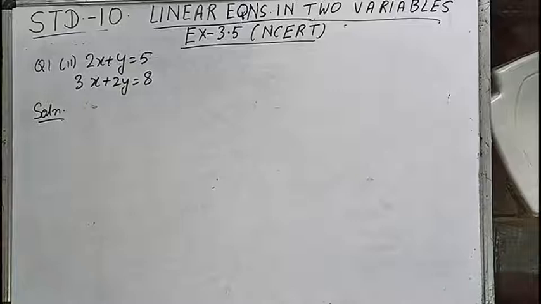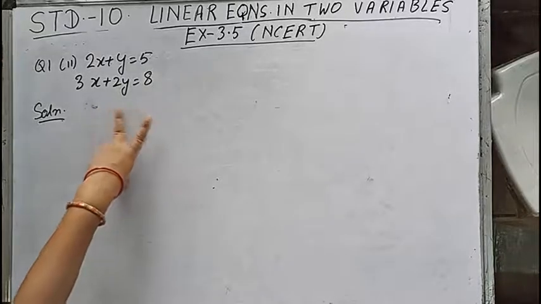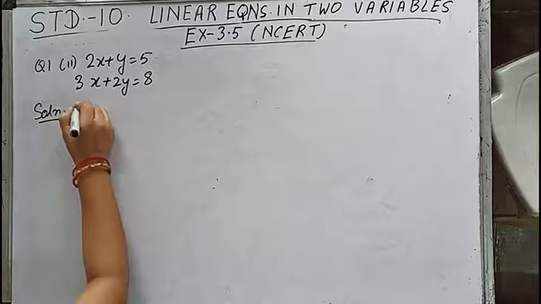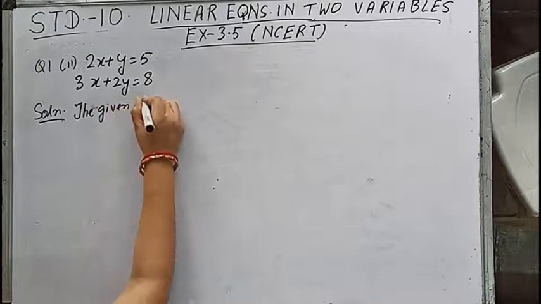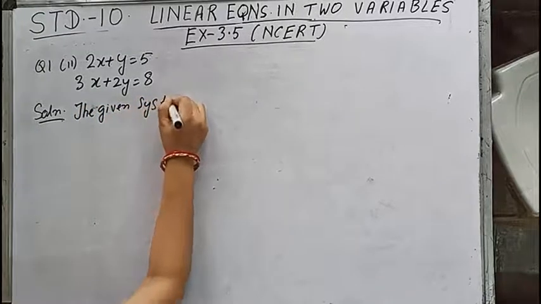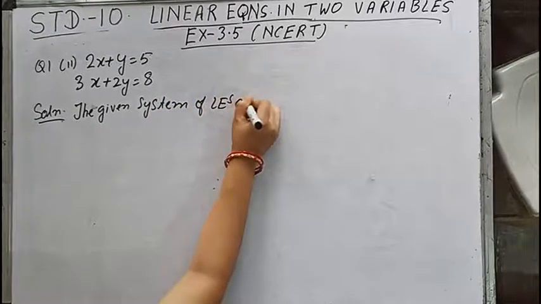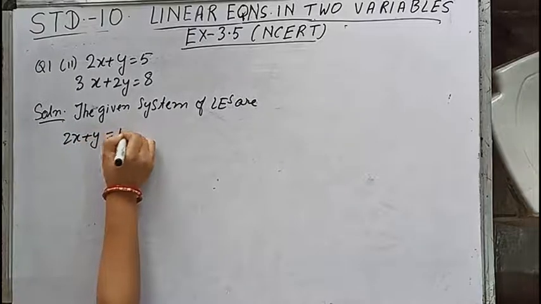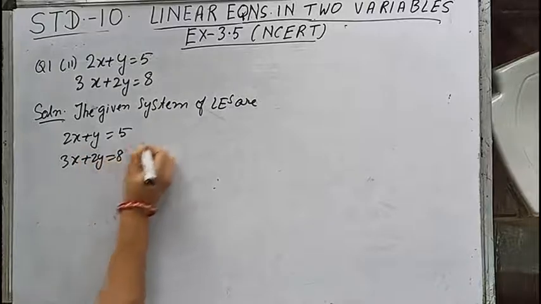Question number 1, subpart number 2 is, the given system of linear equations is 2x plus y equals to 5 and 3x plus 2y equals to 8. The given system of linear equations are 2x plus y equals to 5 and 3x plus 2y equals to 8.